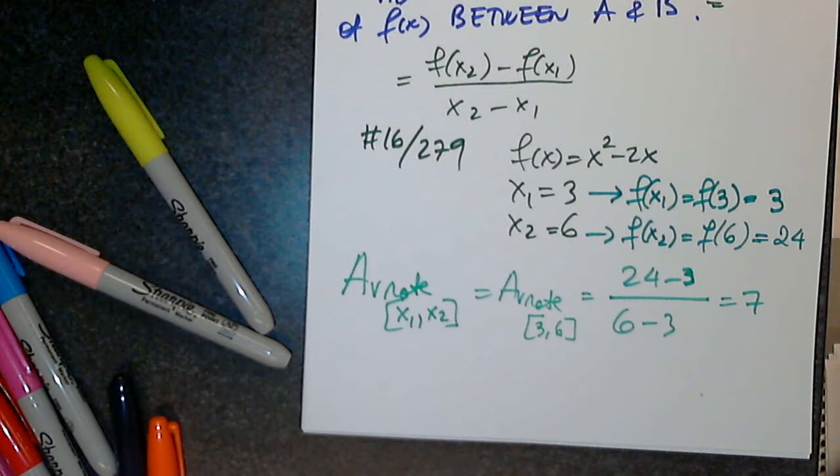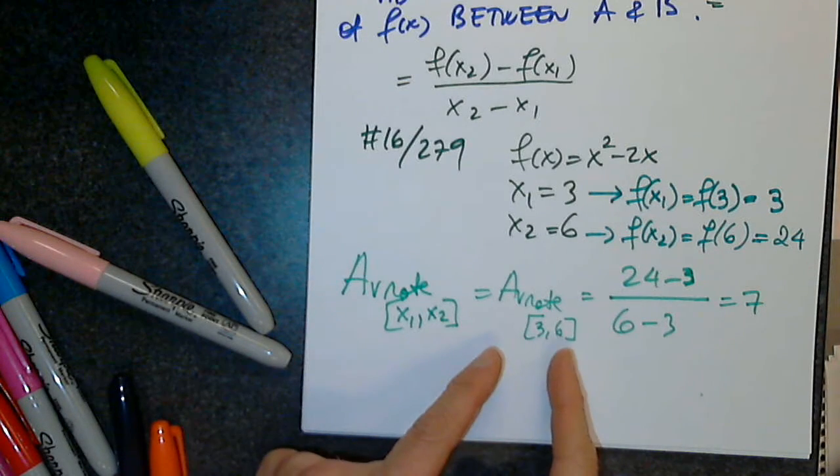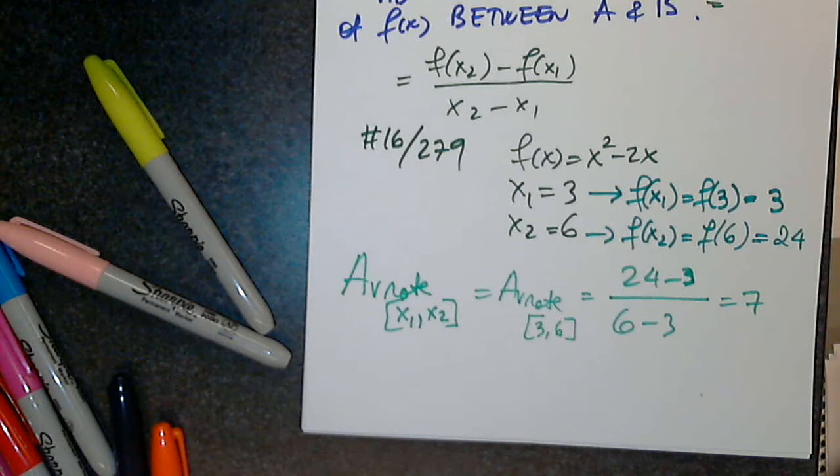What I'm saying here is every time you're asked to determine the average rate of change of a function, and you are told the function represents volume and the independent variable represents time in seconds, then the answer would be 7 cubic inches per second.